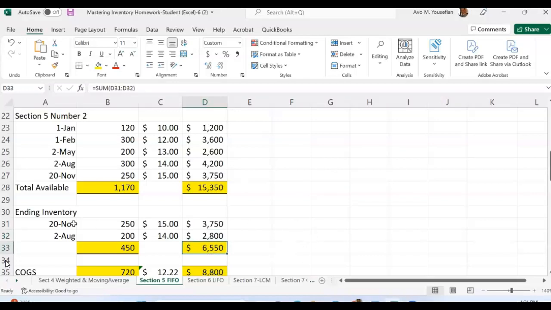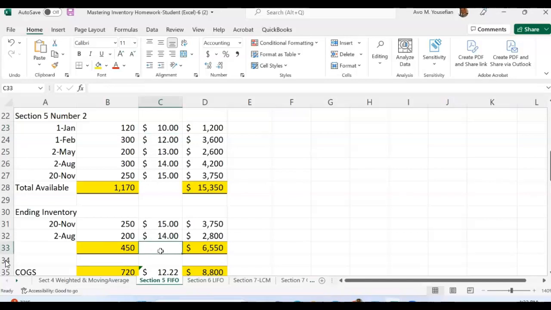Okay, ending inventory. So what is the ending inventory? 450, 6,550. And now I need an average, so I know what is my average cost. Remember here I said that is the average of whatever it was from last year, right?